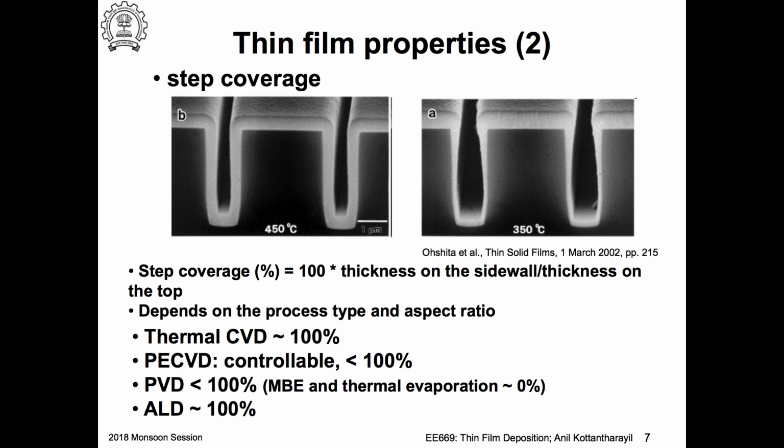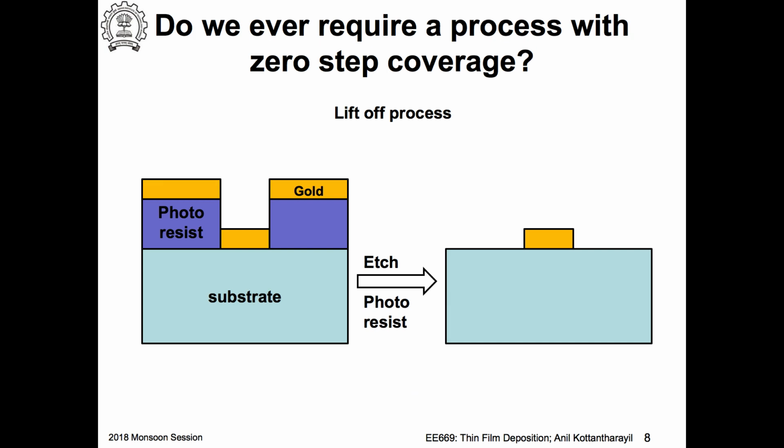There are laboratory processes, or I would also say small volume production processes, where you target 0 step coverage. Of course, ALD has 100% step coverage. So, a process where you are looking for 0 step coverage.